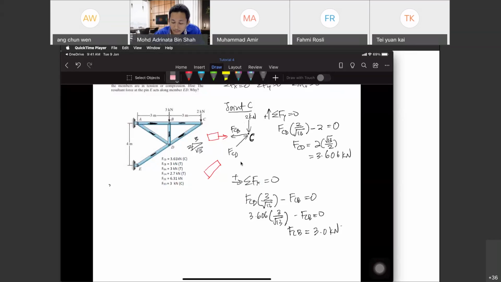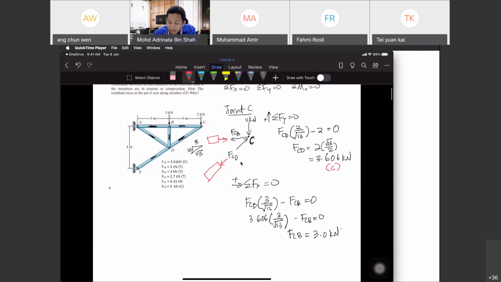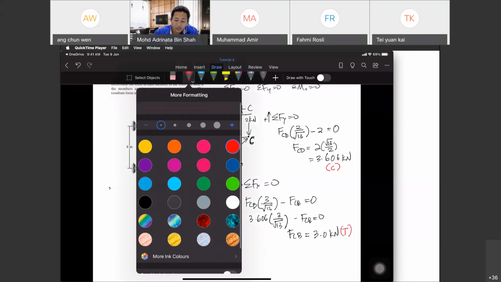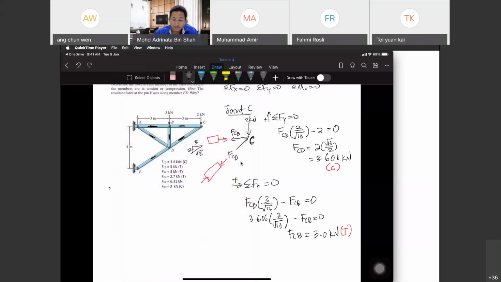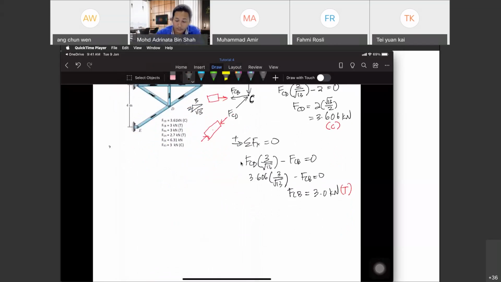It shows that FCD is in compression, and CB is in tension. Okay, so that is at point C.